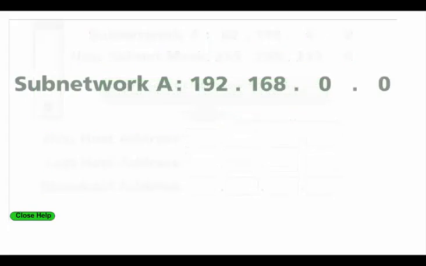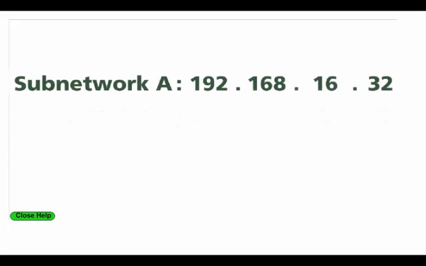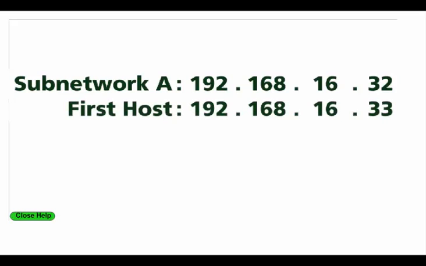For instance, if the subnetwork address is 192.168.0.0, the first host will be 192.168.0.1. It's a little tricky when the subnetwork address is contained in the fourth octet. For instance, if your subnetwork address is 192.168.16.32, then the first host address is 192.168.16.33.